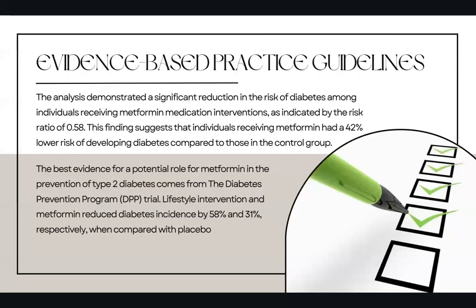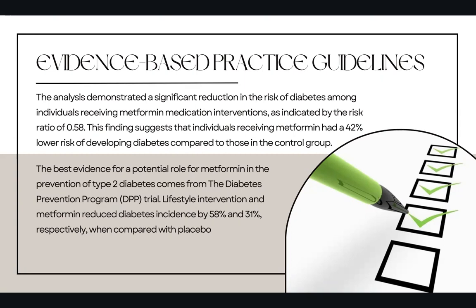As for the evidence-based practice guidelines, the analysis demonstrated a significant reduction in the risk of diabetes among individuals receiving metformin medication interventions, as indicated by the risk ratio of 0.58. These findings suggest that individuals receiving metformin had a 40% lower risk of developing diabetes compared to those in the control group.